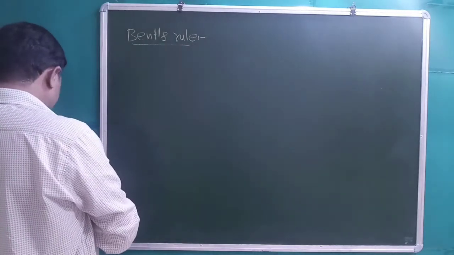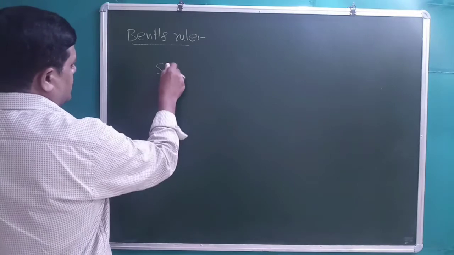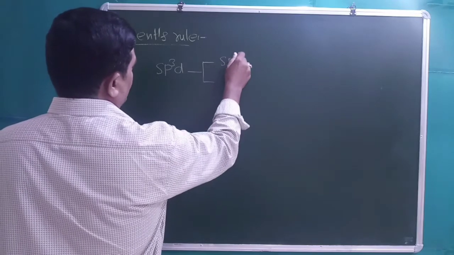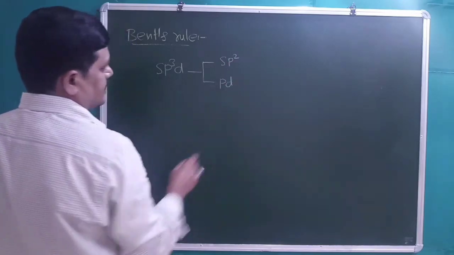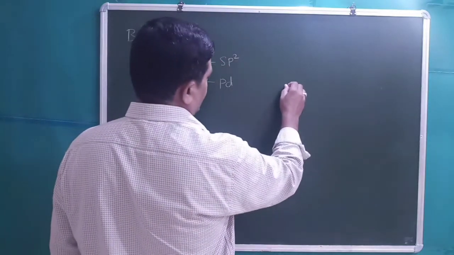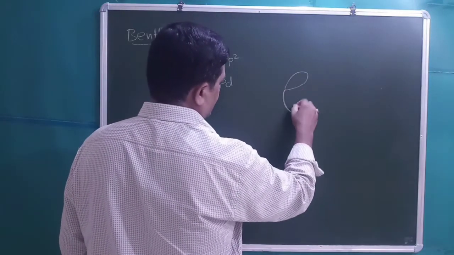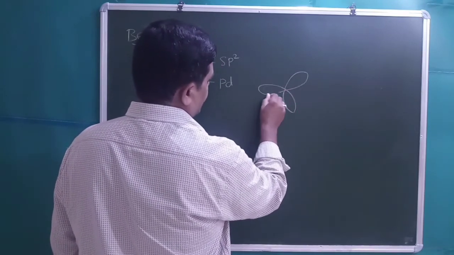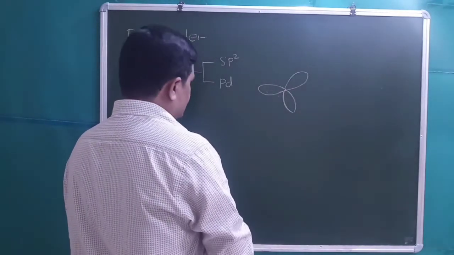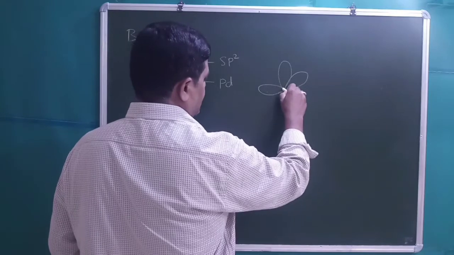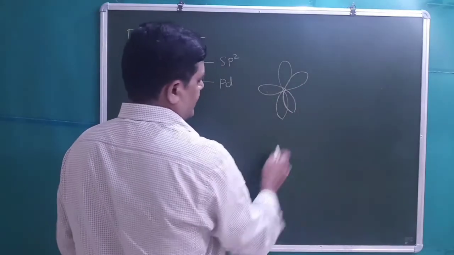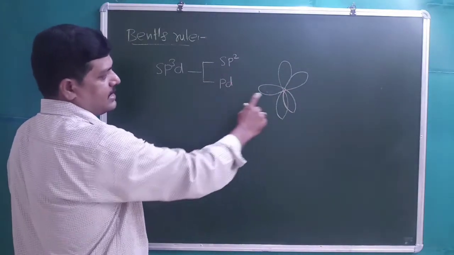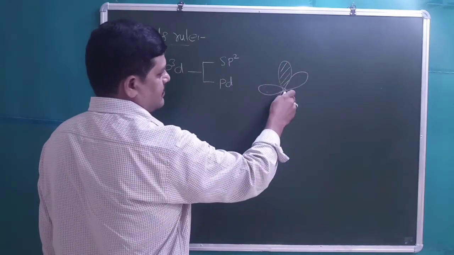He has divided sp3d hybridization into sp2 and pd hybridization. sp2 orbitals are oriented in the equatorial plane. According to Bent, the equatorial orbitals are sp2 orbitals and axial orbitals are pd orbitals.